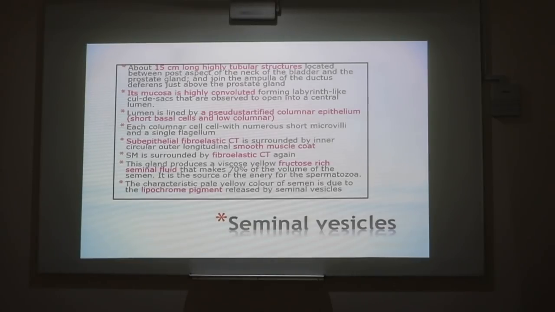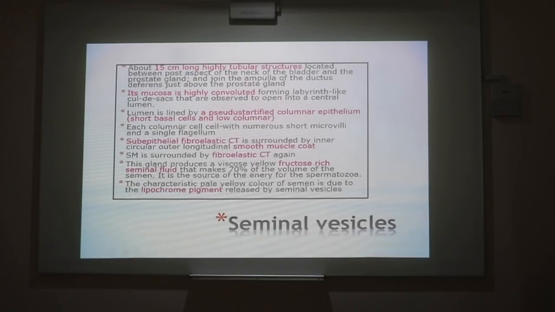The epithelium there is pseudostratified columnar epithelium, short basal cells and low columnar cells. There is subepithelial fibroelastic connective tissue, which is surrounded by inner circular and outer longitudinal smooth muscle layer.